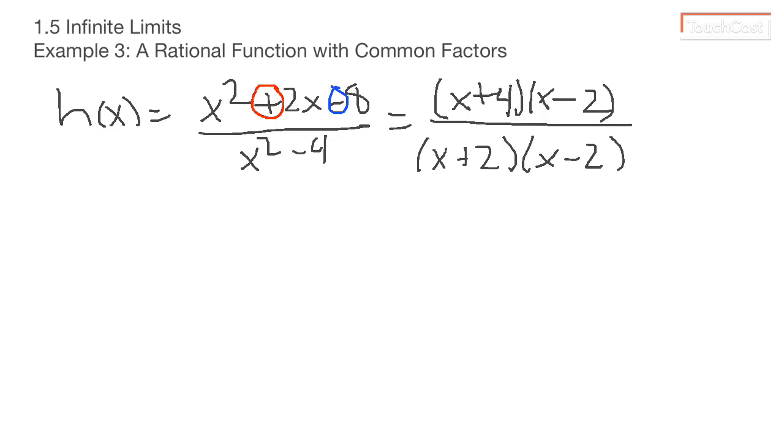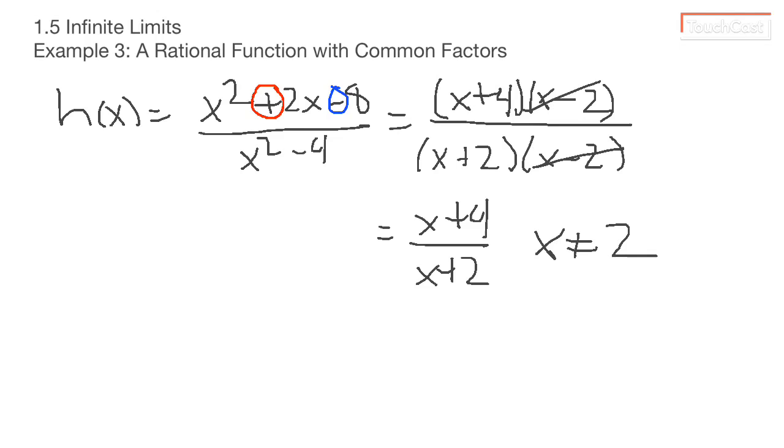And then both the numerator and the denominator do have an x minus 2 in common, so we can just cancel that out. So we're going to have x plus 4 over x plus 2 be our function with our condition that x cannot be 2 because of the x minus 2's that we canceled out.